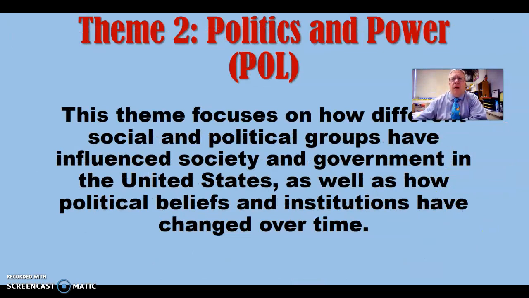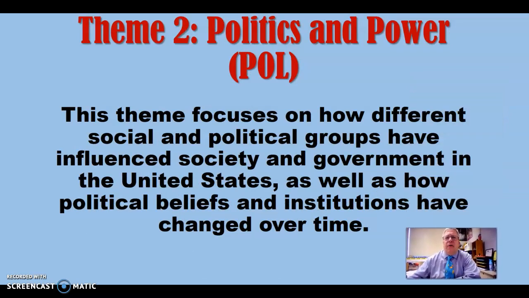The second one is politics and power. This theme focuses on how different social and political groups have influenced society and government in the United States, as well as how political beliefs and institutions have changed over time. Again, things have drastically changed from the onset of the United States when we had the Federalists and the Democratic Republicans to obviously today with many different parties along the way.